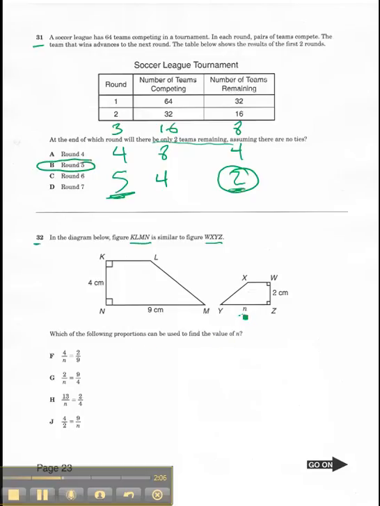N is the unknown value, and it's side YZ, which corresponds to side MN in the other trapezoid. So we want to set up a proportion with corresponding sides.